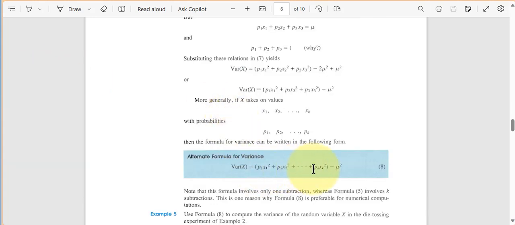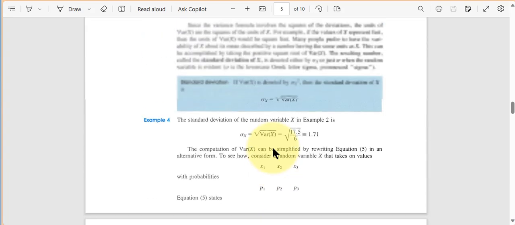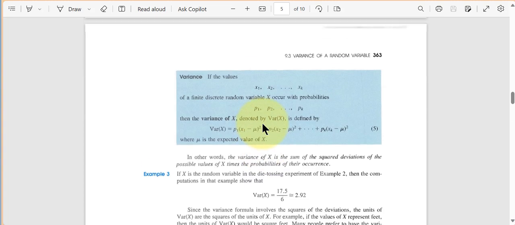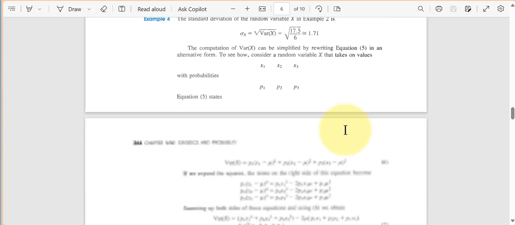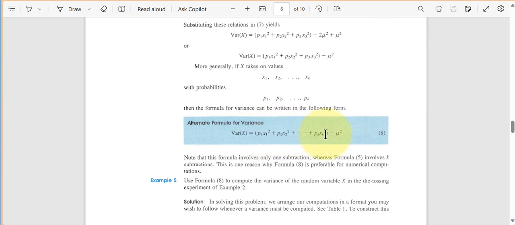Now you can show that there's another way to do the calculation. Instead of doing it the way they did it up here, you can show algebraically that this is equal to this. So it's just a little bit of algebra, but sometimes this is easier to use. But anyway, we don't need to use it in general.